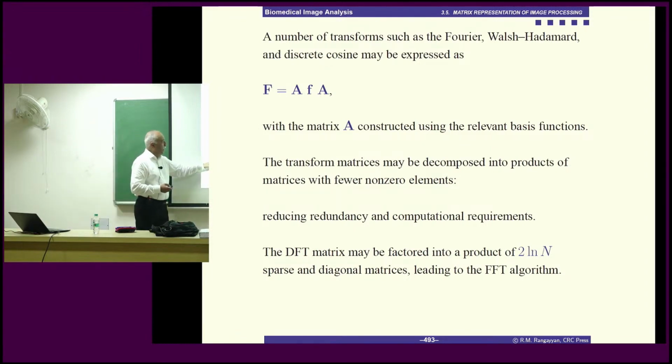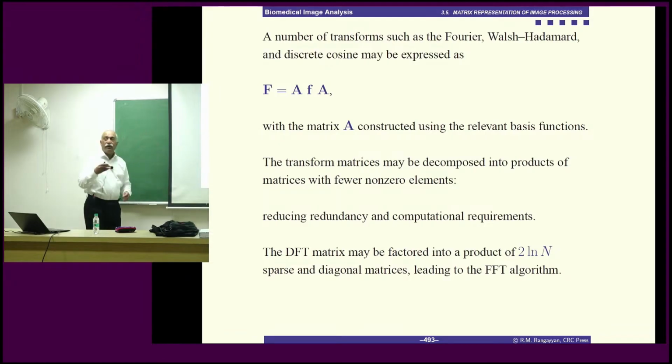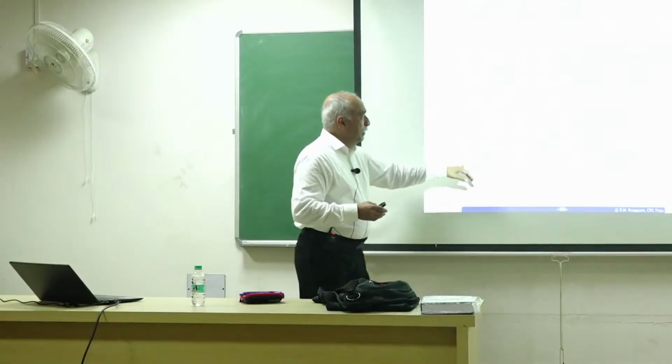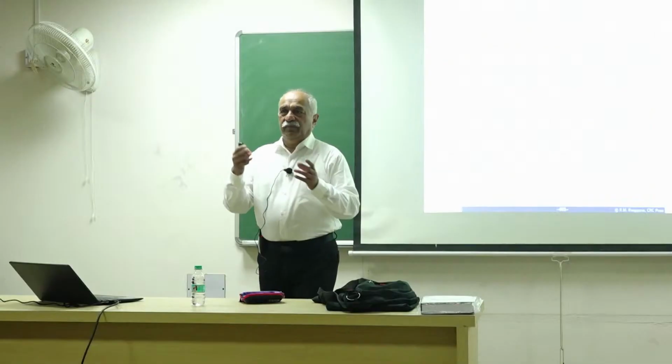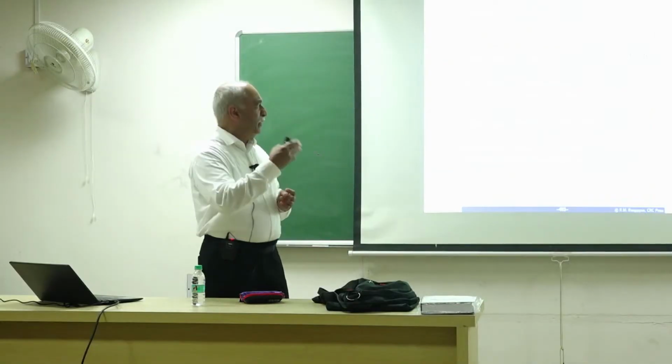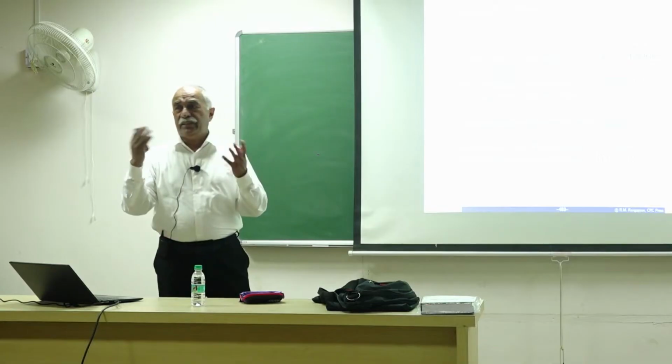So the DFT matrix in particular may be factored into a product of 2 log n (natural log n) sparse and diagonal matrices, and that reduces the computation, because sparse matrices have many zero elements and a diagonal matrix has only values along the diagonal, the others are 0.